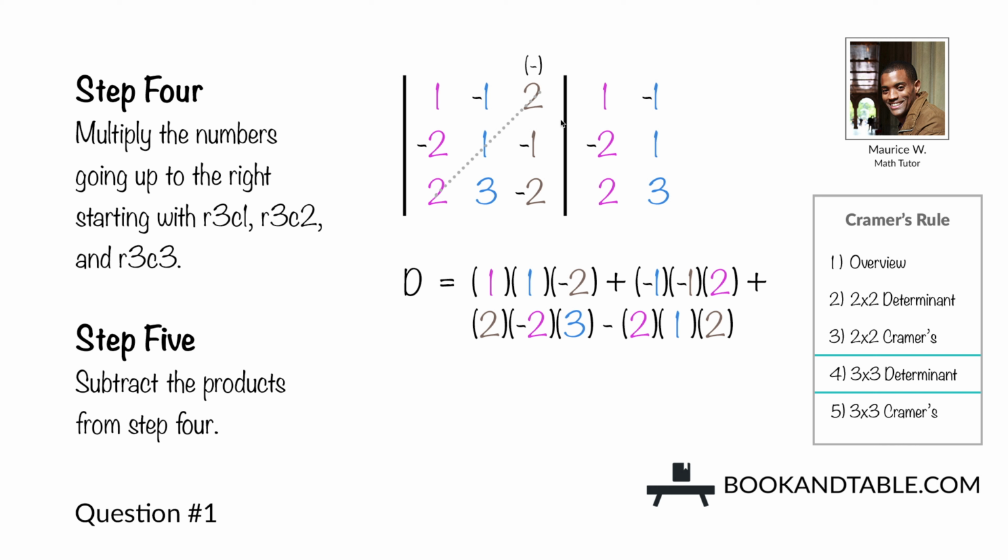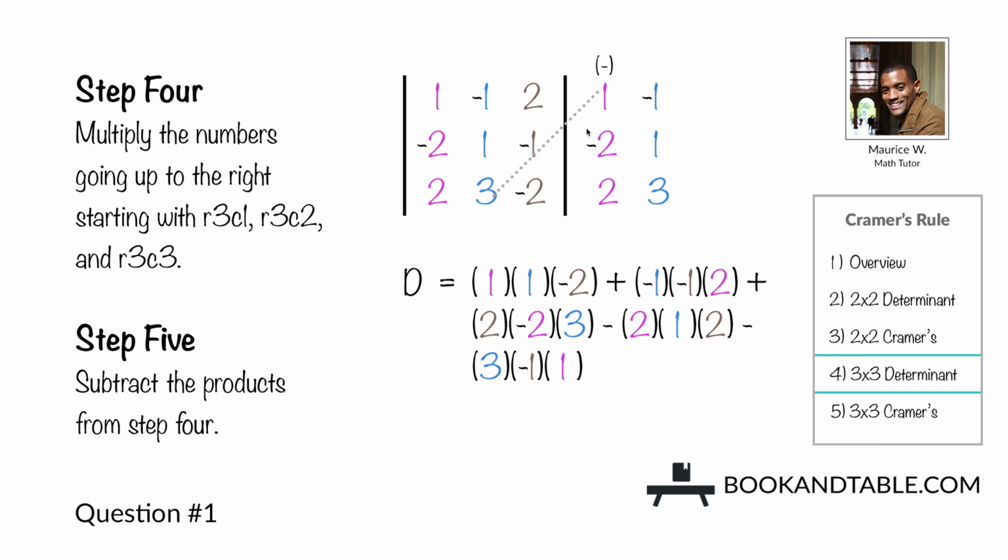And we're going to place a minus sign in front of it since we are subtracting these products. And now we go to R3C2, third row, second column, so that's positive 3 here. And we want to multiply the numbers going up to the right, which should be 3 times negative 1 times 1.